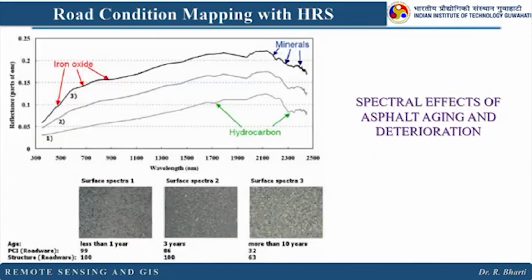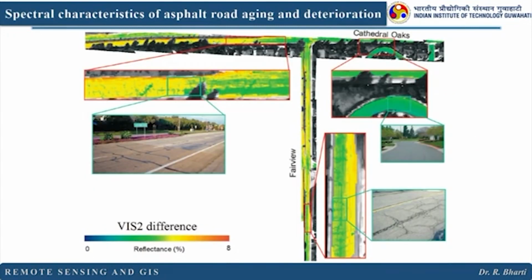In another work, I explained how remote sensing, or in particular hyperspectral remote sensing, can be used for aging and deterioration studies, and this I have already explained, so I will skip this part. So we will continue this application of remote sensing and GIS in my next lecture. Thank you.